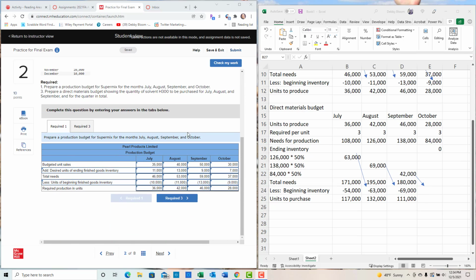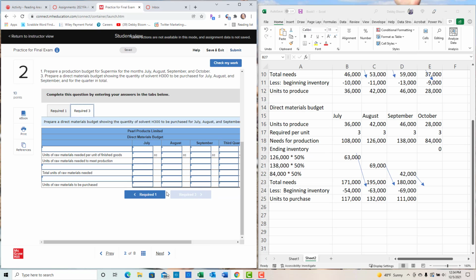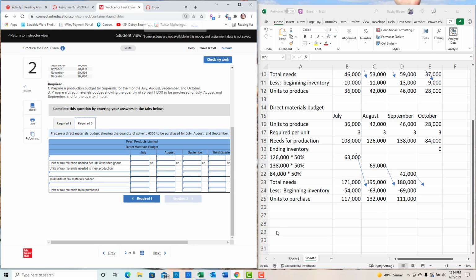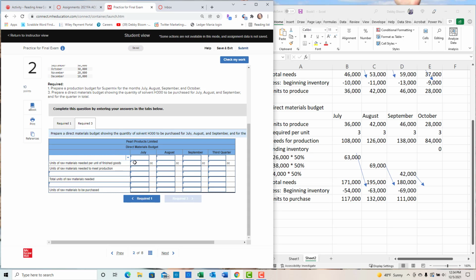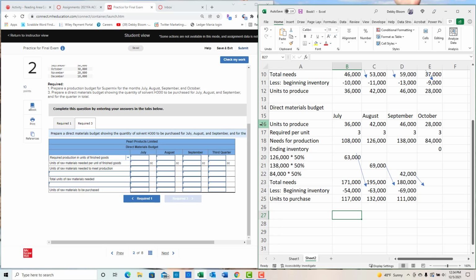Now let's enter the information into requirement 3. So moving on to requirement number 3, just to be able to see all of the numbers a little bit better, we're going to start off with the units needed for production. So required production in units of finished goods.